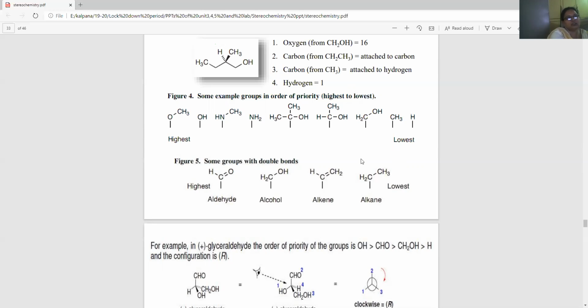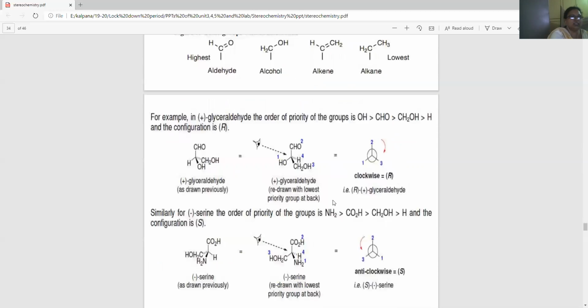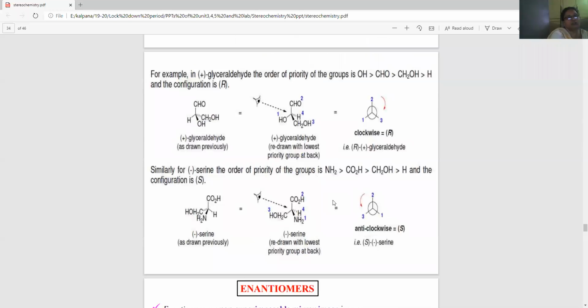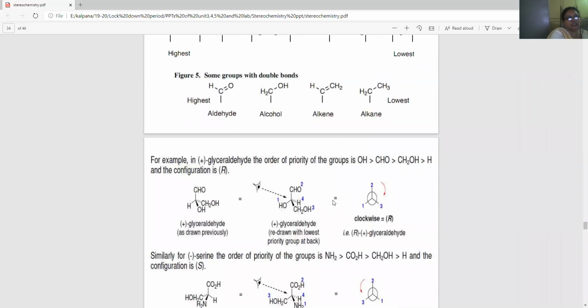All these are assigned depending upon the atomic number, the highest atomic number being marked as number 1, and then the R or S configuration depends on the clockwise or anti-clockwise direction.